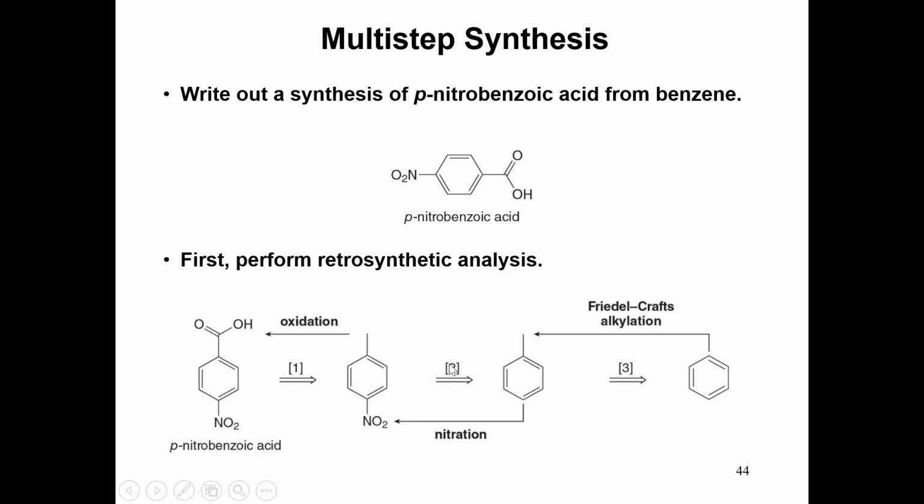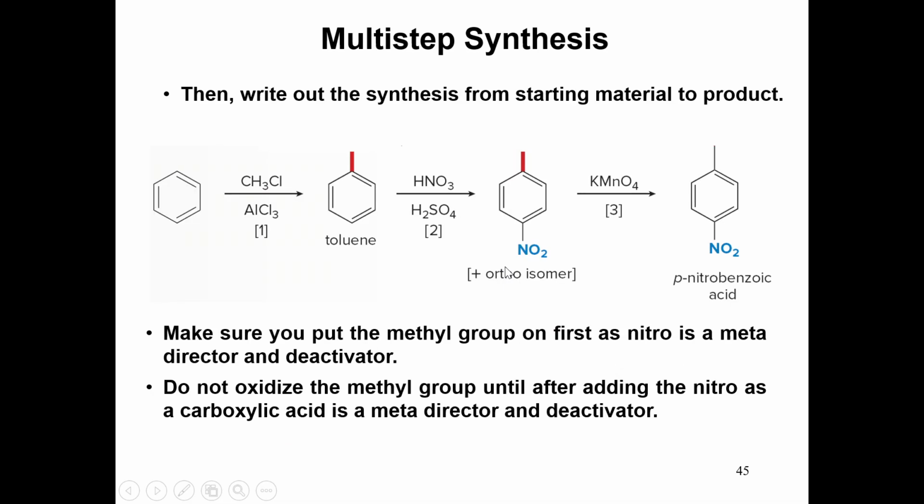The next step is the nitration reaction. Again, this is the para position relative to the methyl group. This is not a bad reaction. Then oxidation of the methyl group generates the carboxylic acid group.